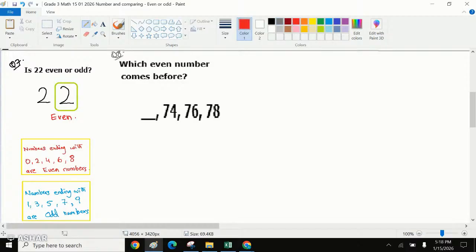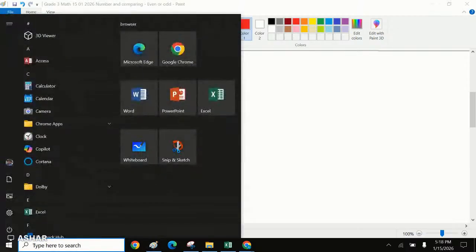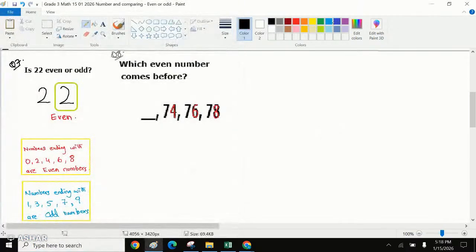They're not saying which number, right? They're saying which even number comes before 74.